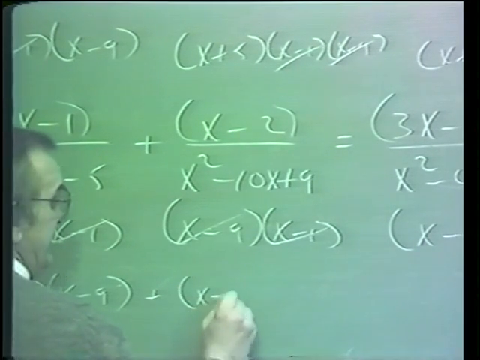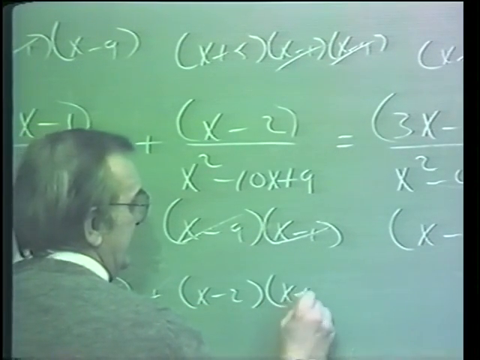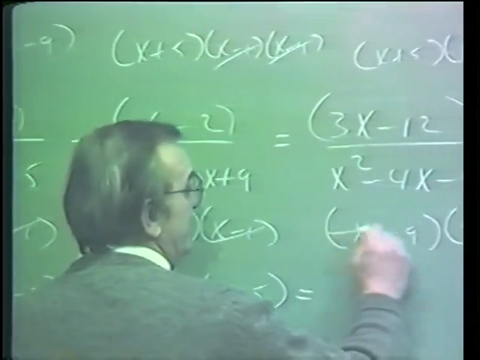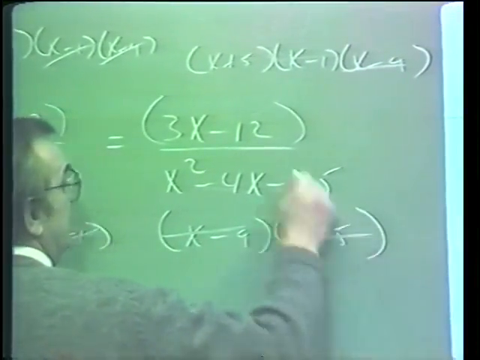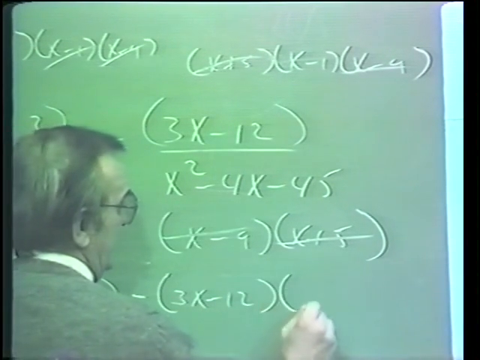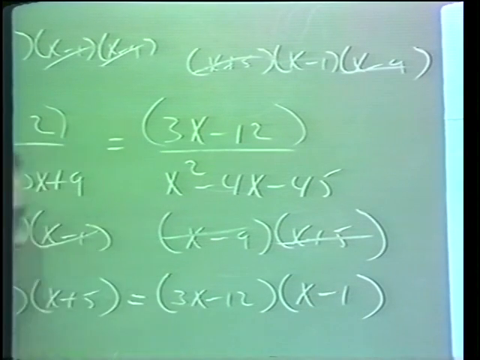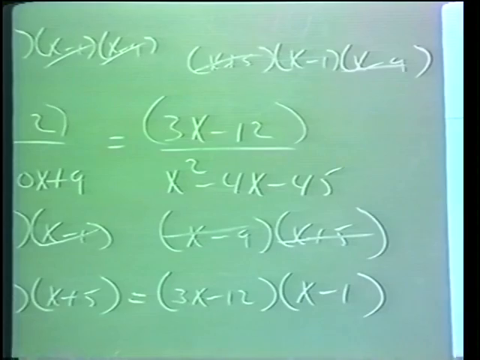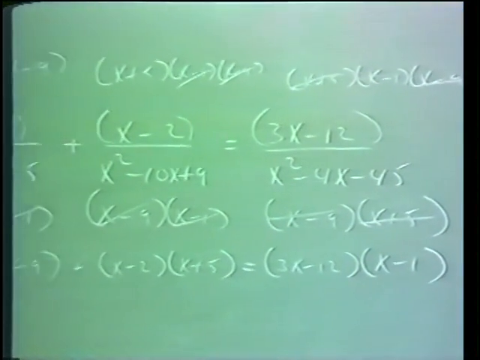We have x minus 2 times x plus 5 equal. We multiply the third term by it, the x minus 9s cancel, the x plus 5s cancel, so we come out with the quantity 3x minus 12 times the quantity x minus 1. And there we have an equivalent equation, no fraction.